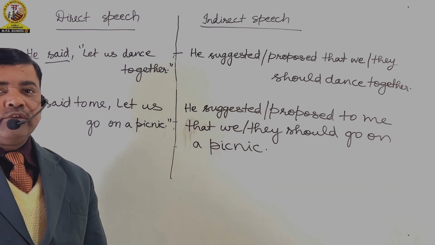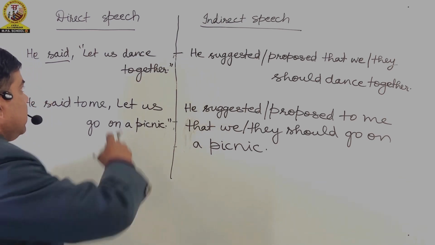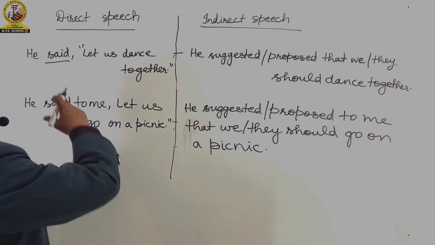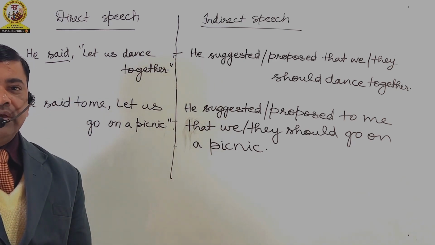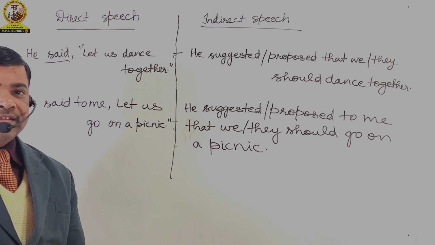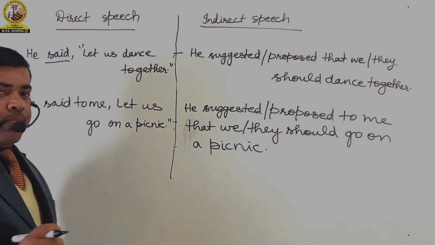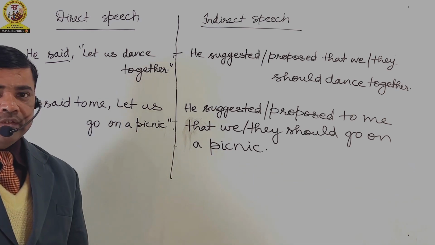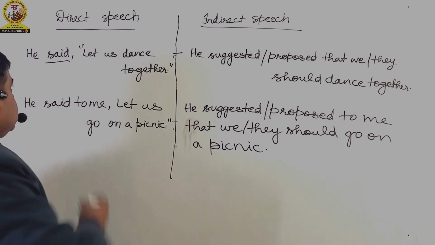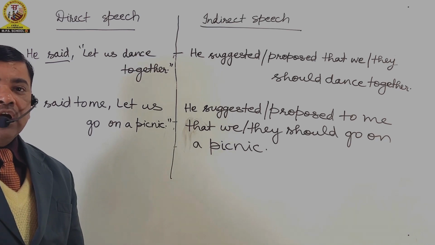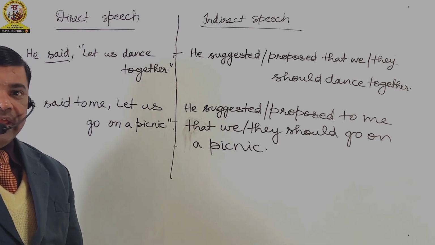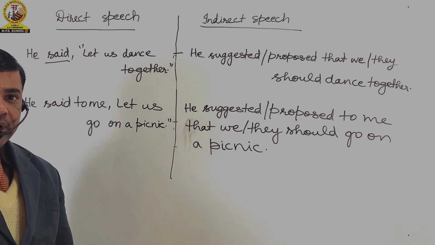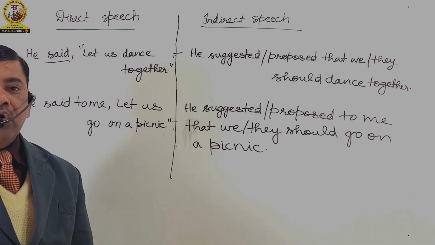Friends, we need to notice one thing here. In both the sentences, there is some difference. In the first sentence, there is no first person used as the object of said. In this case, we can assume an object like to with the reporting verb, but while changing we shall not write it.